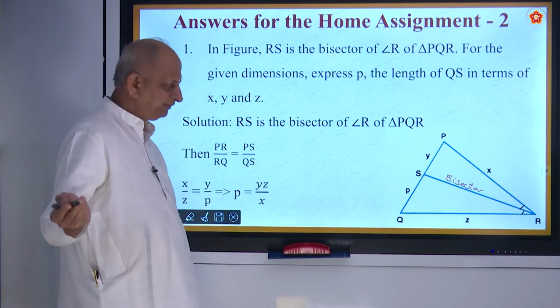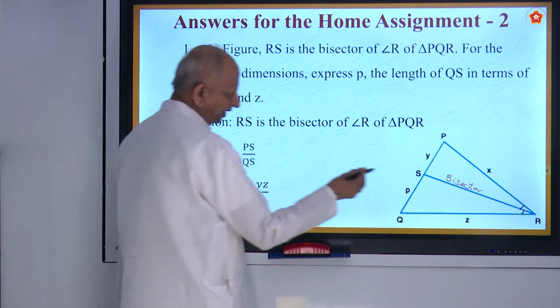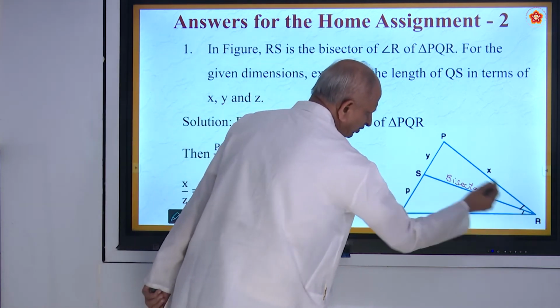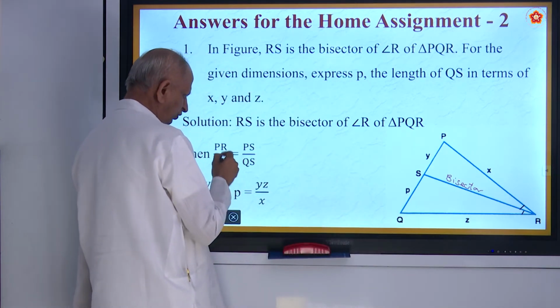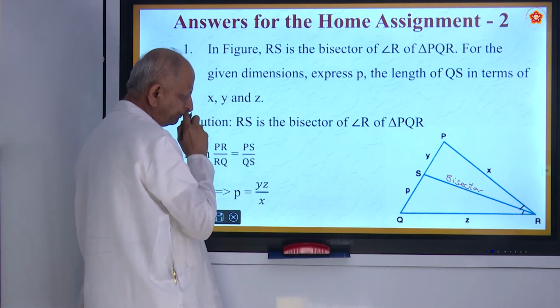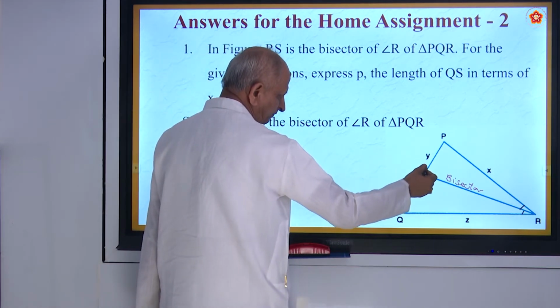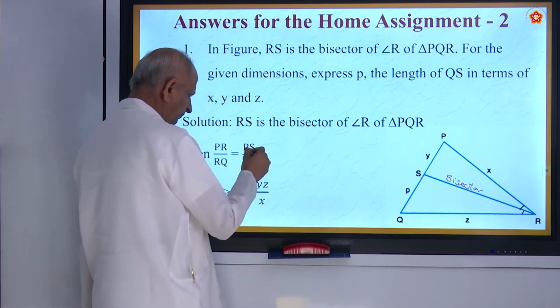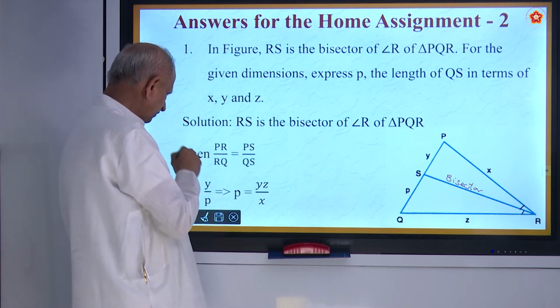Just now we have seen the ratio of the sides. See, there are two sides, one is called PR, another is called QR. So PR by QR is equal to, it forms two line segments, PS by QS. That is the bisector property.